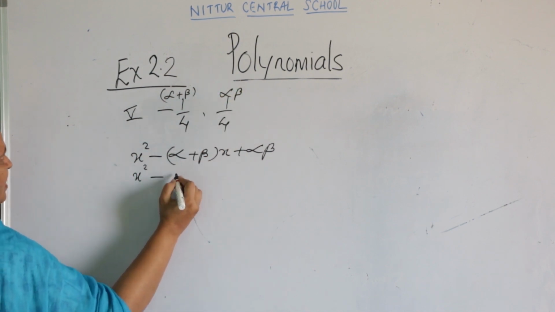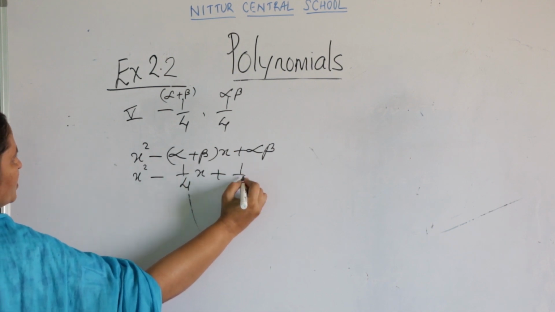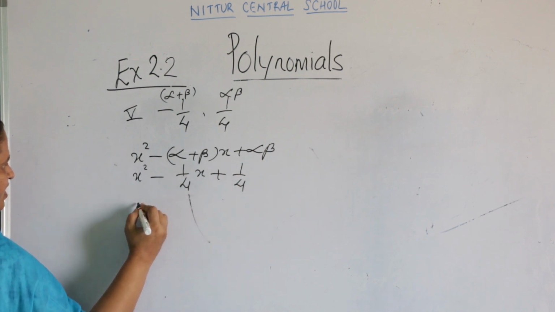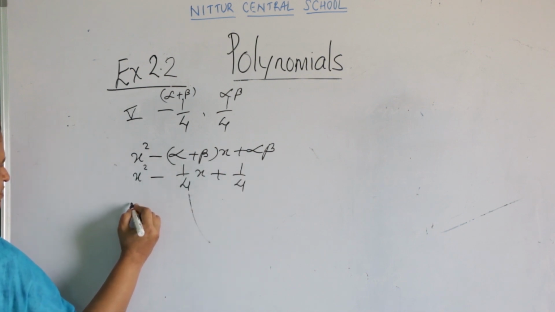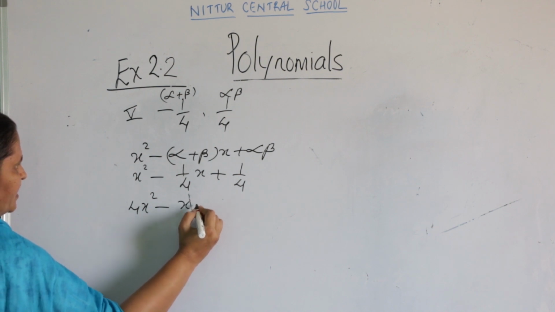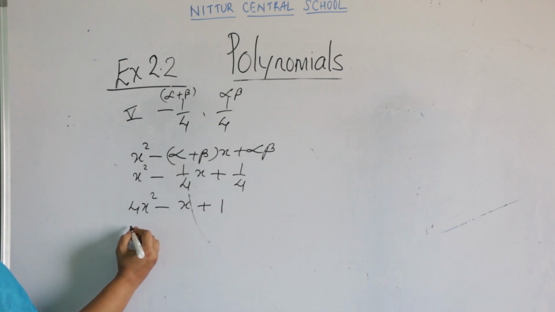X square plus 1 by 4 x plus 1 by 4. So we have to multiply every term by 4 so that we get standard form. So we get 4x square plus x plus 1. This is the polynomial we get.